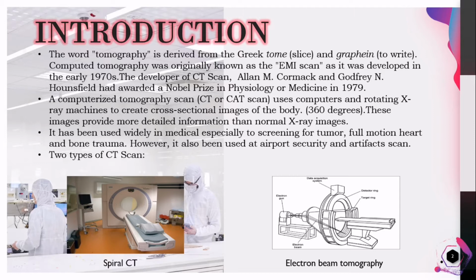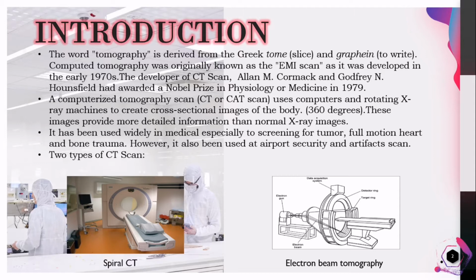It has been widely used in medicine for screening tumors, heart problems, and bone trauma. Sometimes we can find this in airport security for scanning TNT or anything illegal, and for artifact scanning.